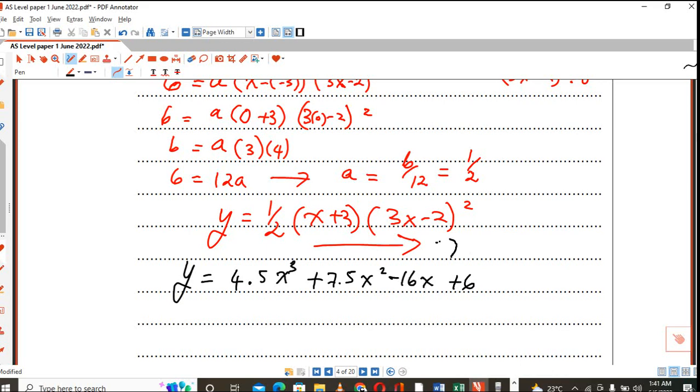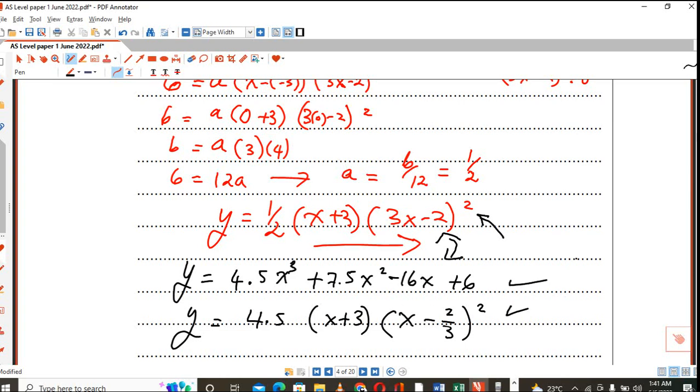Well, if you were to multiply this out, this is what you are going to be getting. Okay, I also see answers like this, 4.5, and then in bracket you have x plus 3, and then here you have x minus 2 over 3 all squared, which is just basically an extension of this. All right, but this is also an acceptable solution.